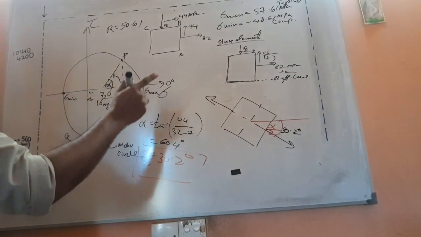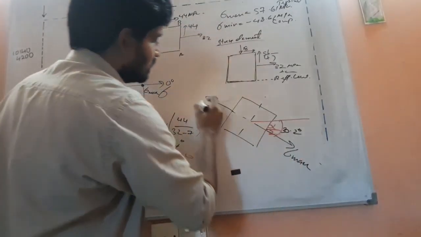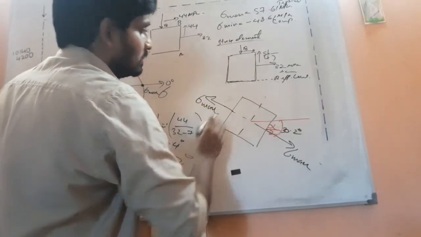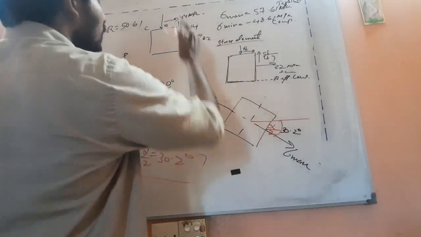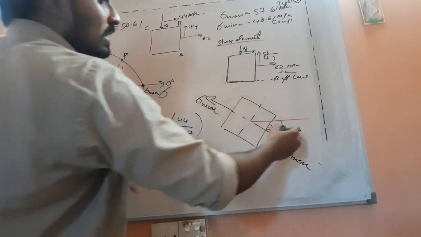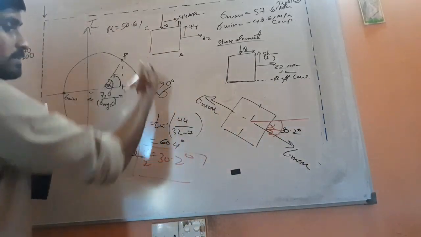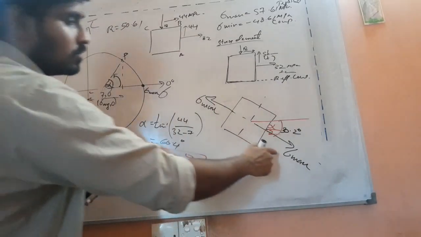That is sigma max. You got it? This is the original stress element. If you rotate this by alpha divided by 2 degrees or 30.2 degrees, you will be getting the maximum normal stress, sigma max.